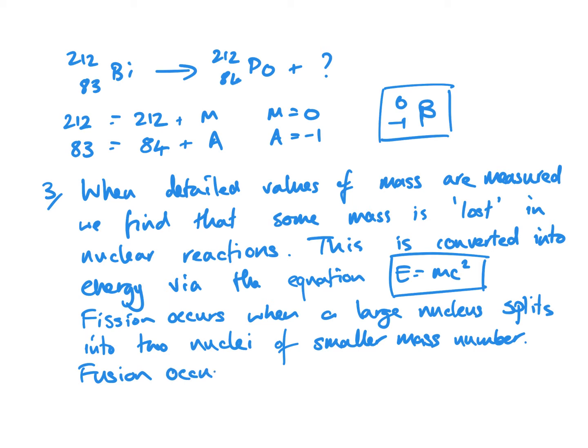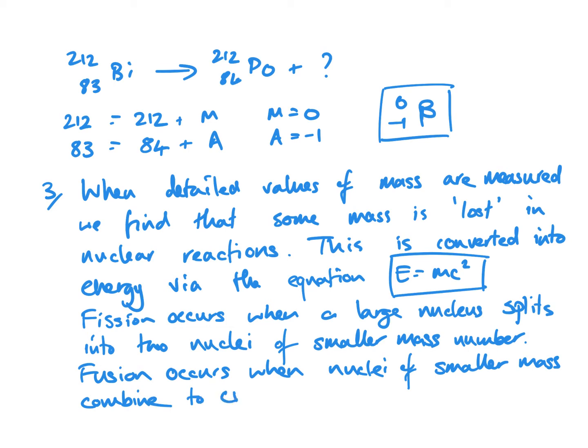Fusion occurs when nuclei of smaller mass number join or combine to create a nucleus of a larger mass number. And we'll look at worked examples of that next.